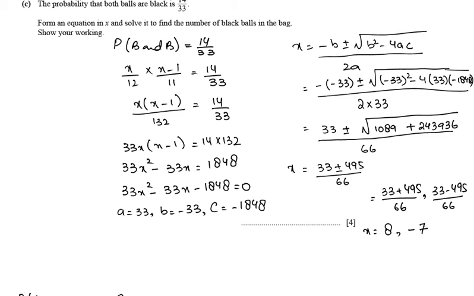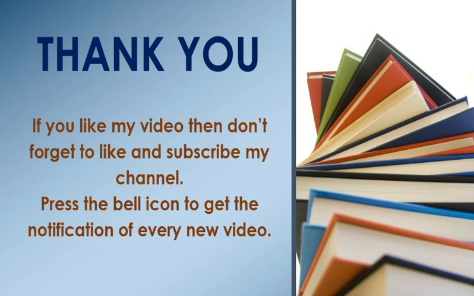As x is the number of balls, it cannot be negative. So we have one positive answer and one negative answer; we will neglect the negative answer and take the positive answer. So the value of x is 8. I hope you have understood this question. Thank you.